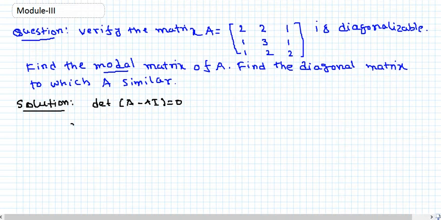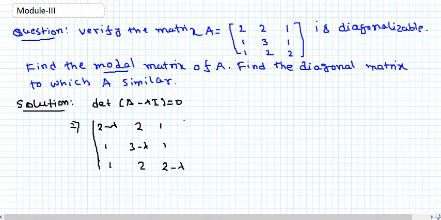So here we go. If I write that down, we get 2 minus lambda, 2, 1; 1, 3 minus lambda, 1; 1, 2, 2 minus lambda, and the determinant has to be equal to 0. You can calculate the determinants.